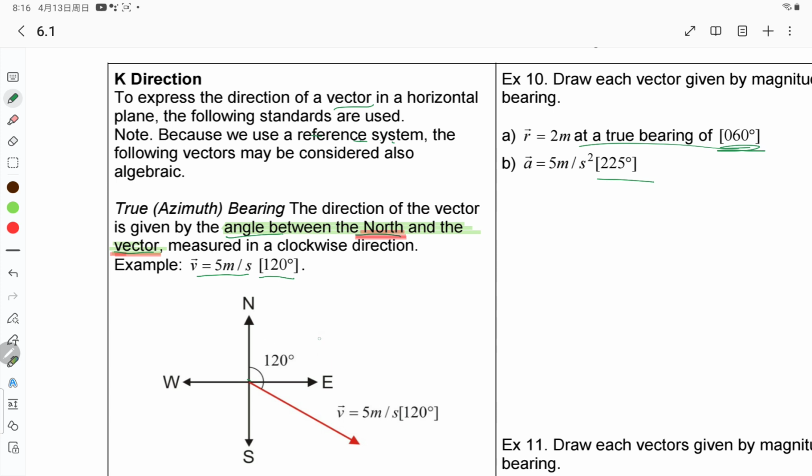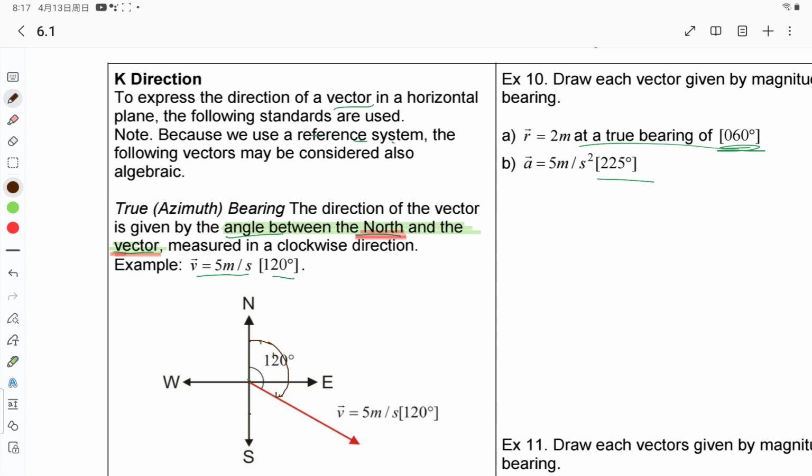So it's not this part. The angle is not the bottom part. The angle is always starting from the direction of the north, and then going to where the vector is, and then we stop here, and this angle that we draw starting from the reference north would be 120, would be our angle.